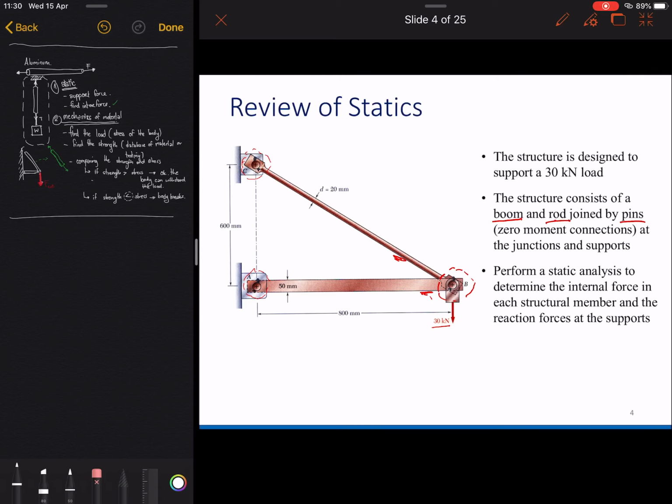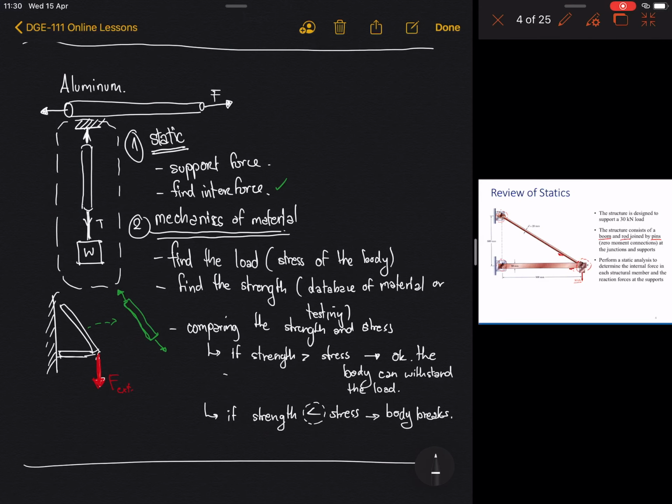And first we have to perform the static analysis to determine the internal force in each structure member. Coming back to this, here is really the first step, static analysis. And this is what we're going to do here.